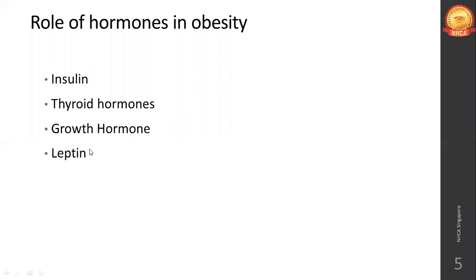Next, coming to growth hormone. Will the increase of growth hormone lead to obesity, or the decrease of growth hormone lead to obesity?